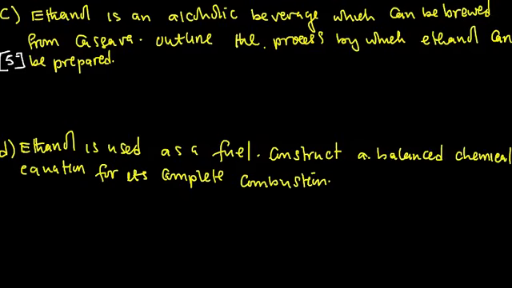Then mixed with water and yeast, then allow it to react for a few days in the absence of oxygen at the temperature of 37 degrees Celsius. Then the enzyme in the yeast, which is called zymase, will help to convert starch into ethanol, and carbon dioxide gas will be produced. So that is the whole process of how ethanol is brewed.